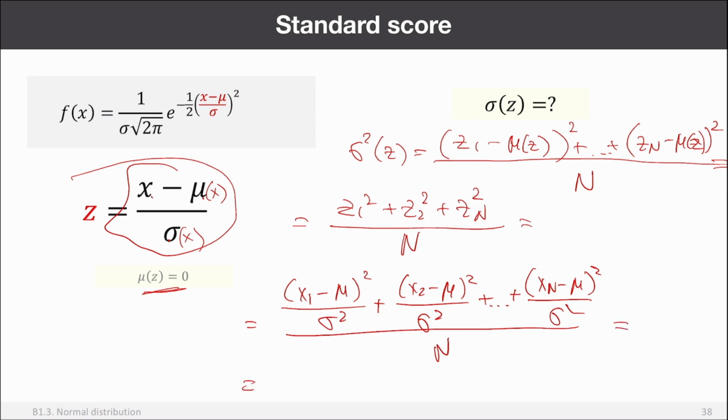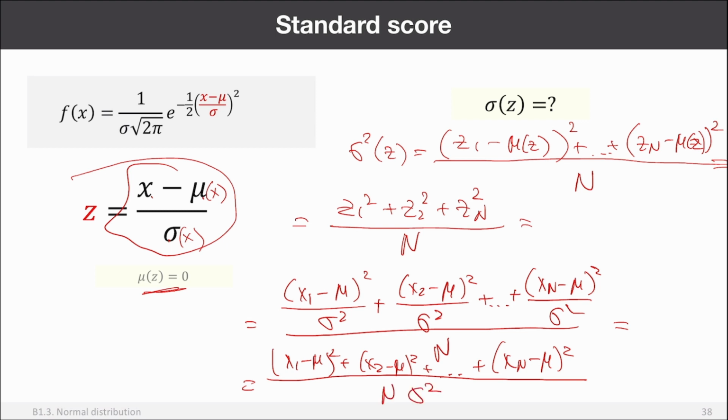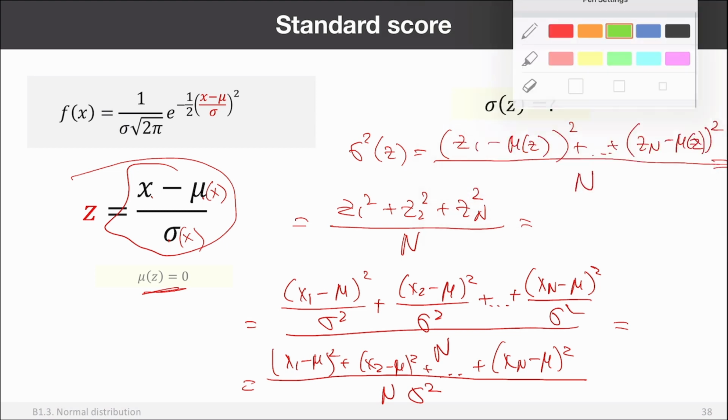You will have (x1 minus mu) squared plus (x2 minus mu) squared plus and so on plus (xn minus mu) squared, divided by n sigma squared. But now look, let me just use another color.